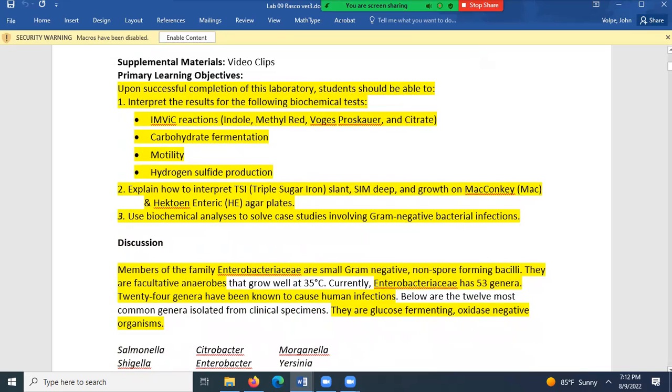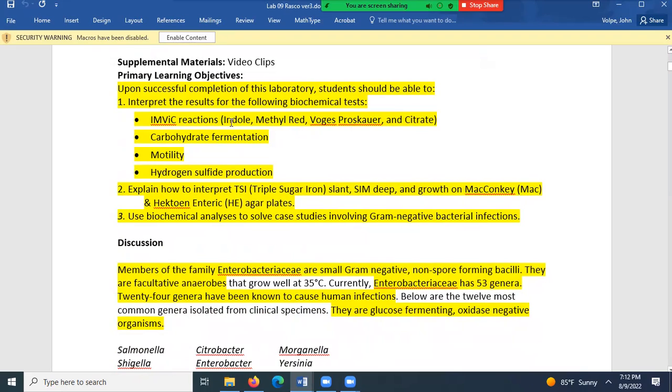Upon successful completion of the lab, you should be able to interpret the results from the following biochemical tests. The IMViC reactions, and IMViC stand for I for indole test, M for methyl red test, V for Voges-Proskauer test, and then C for the citrate test.